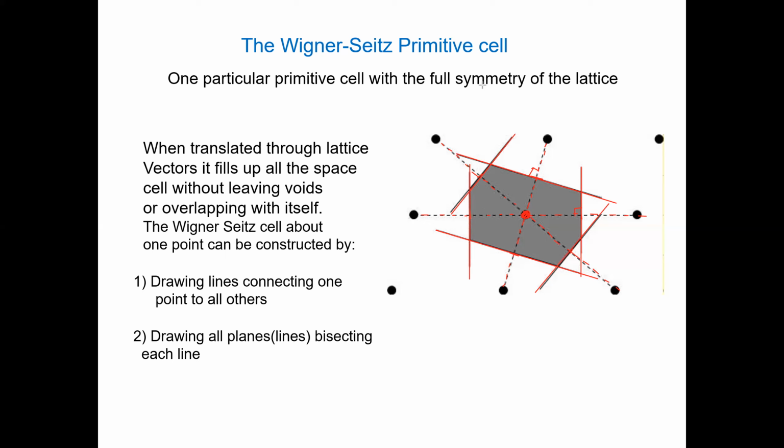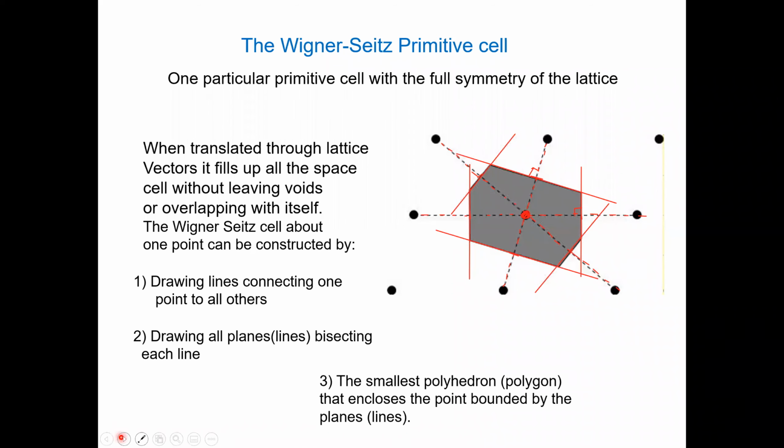Okay. Great. So we will get at the end the smallest polyhedron or polygon that encloses the point, bounded by the planes, or all these lines. Okay, so this is called the Wigner-Seitz cell.